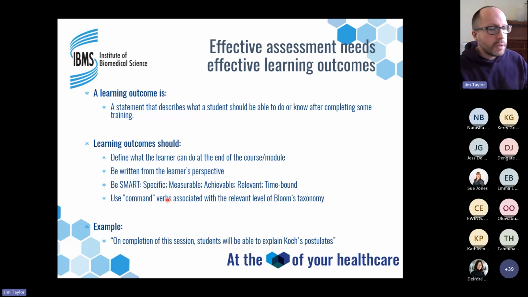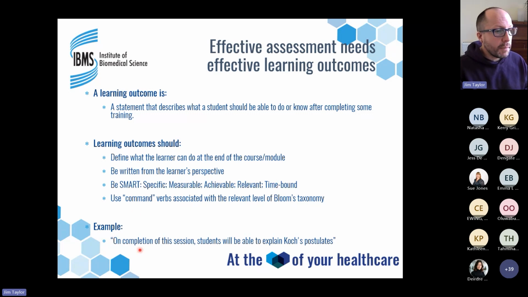Again, as you look into assessment theory, one of the ideas that you will come across really early in the reading that you do is this idea that a learning outcome is SMART. And in this context, a SMART learning outcome is something that is specific, measurable, achievable, relevant, and time-bound.